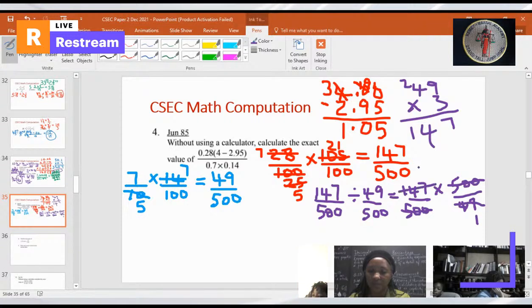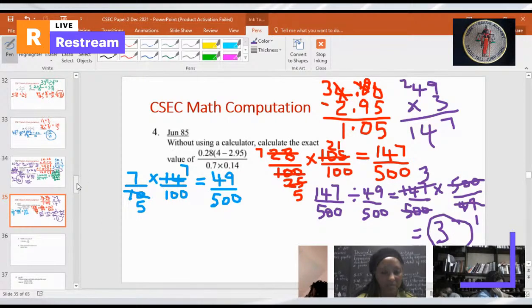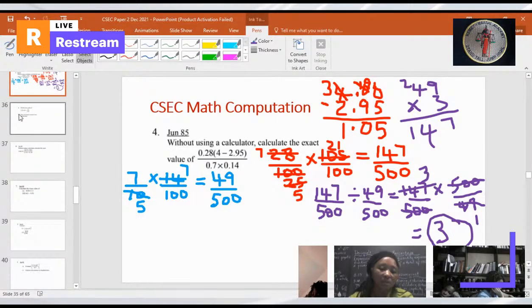Yes, miss. So the final answer is 3. So we get a nice, round, smart number, right? Yes, miss. It may have been more tedious working with them in the decimal form.